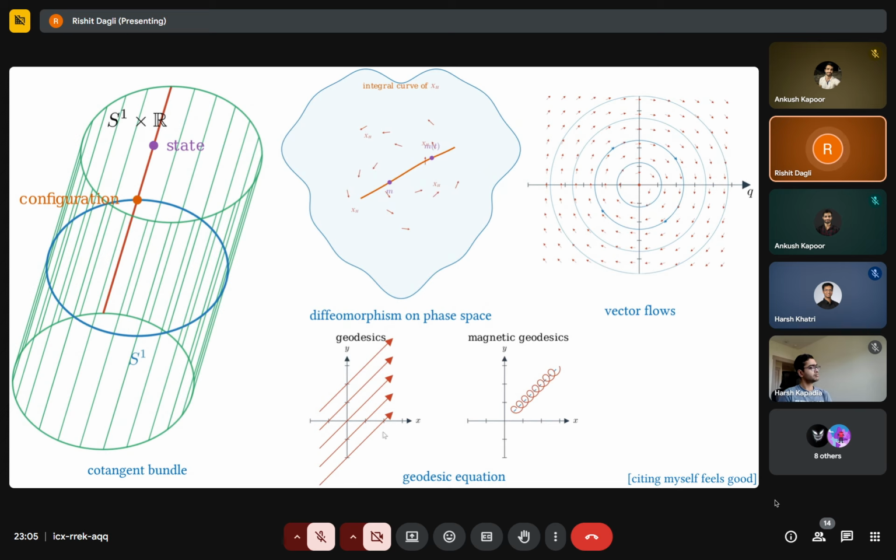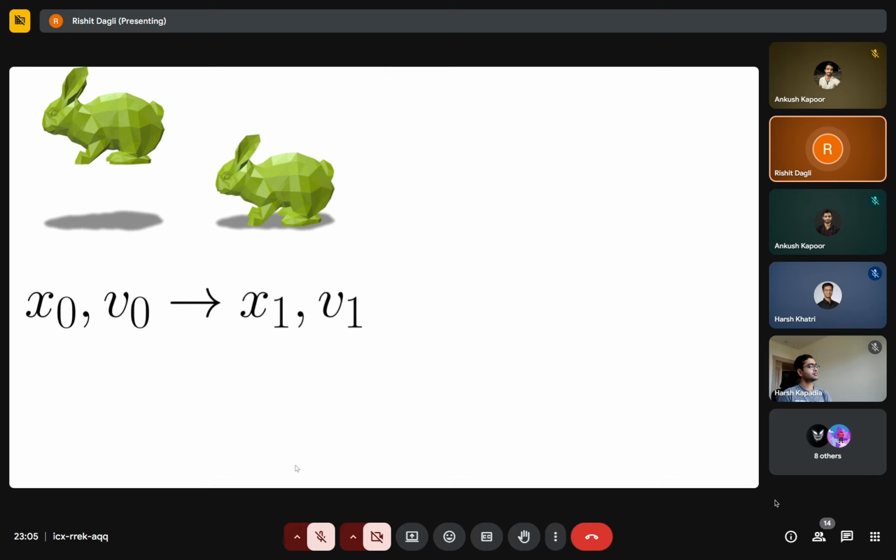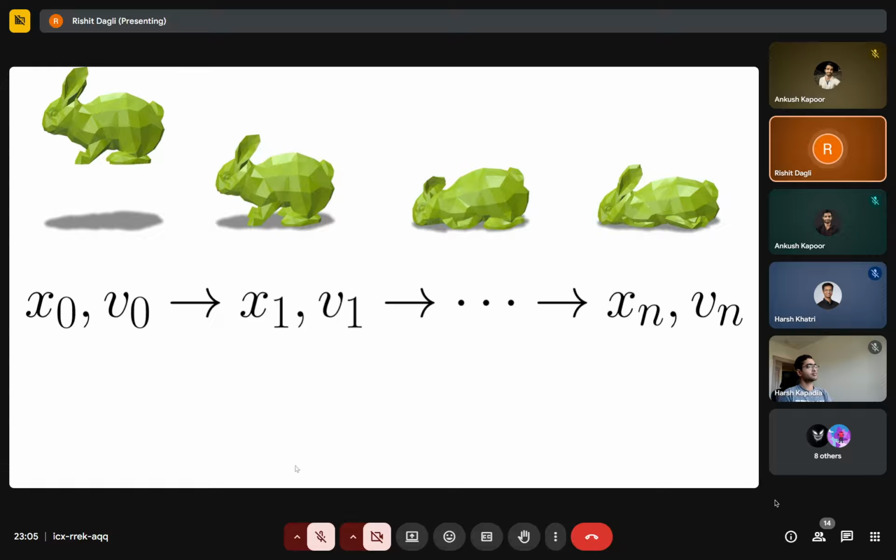There are different techniques and parameterizations to solve them, and we don't want to bother ourselves with all of these. So for now, let's just think of what we are calling simulation as: you start with some positions and velocities, then you get a new position and velocity, and then you get a new position and velocity, and so on. When you put all of these on the bunny, you make the video like I showed earlier. So let's call that a simulation.